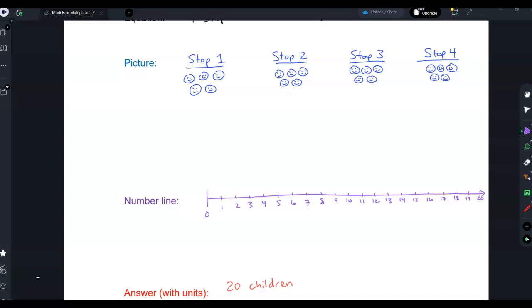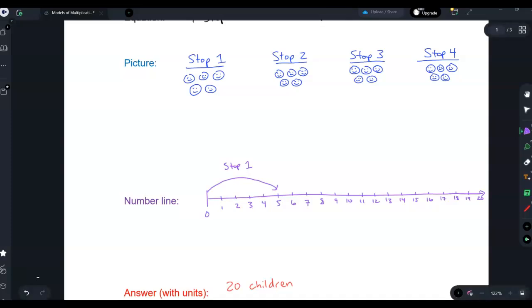All right, so then in this case, we know that there's 5 children at each stop. So I would hop, but I'm going to do big hops, right? So with addition, we kind of do a hop for each one that we're adding. But for multiplication, we're going to do big hops. We're going to say, okay, start at 0. Once I go to stop number 1 with my bus, I'm going to pick up 5 kids, right? So that means here's stop number 1.